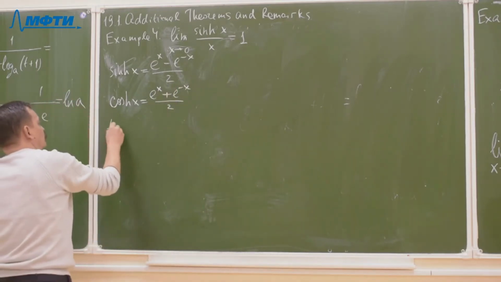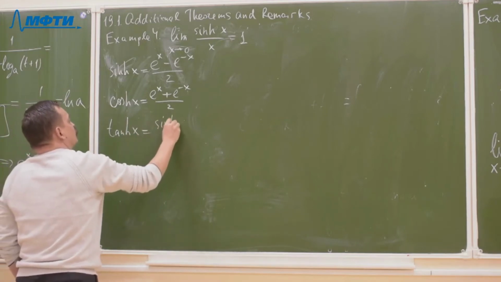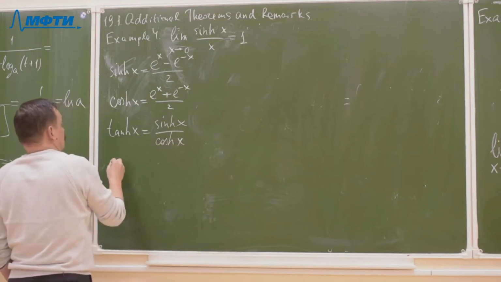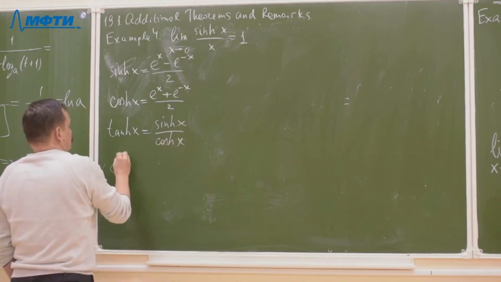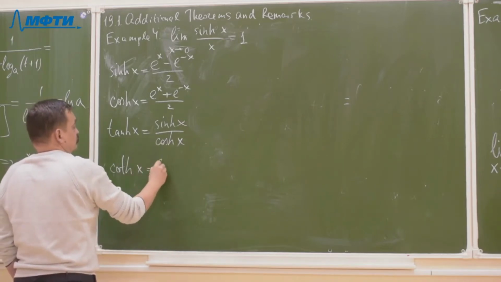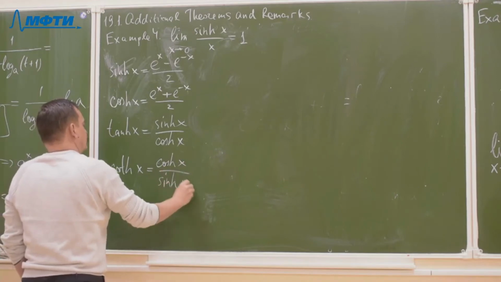Tan hyperbolic is sine hyperbolic over cosine hyperbolic. And cotan hyperbolic is cosine hyperbolic over sine hyperbolic.